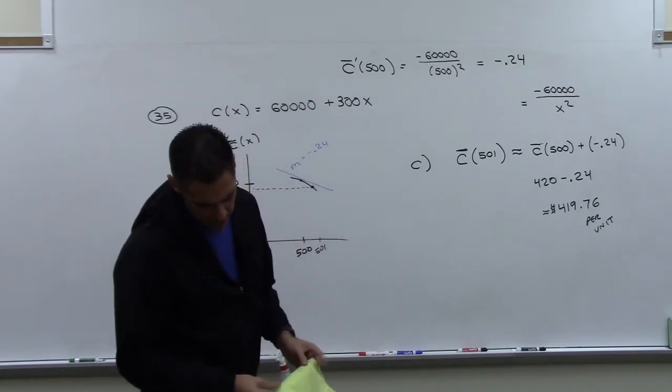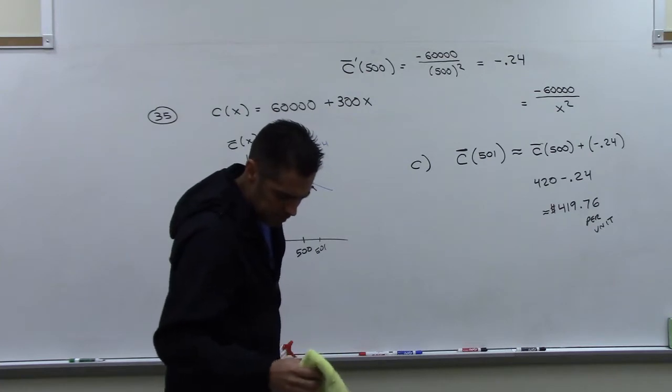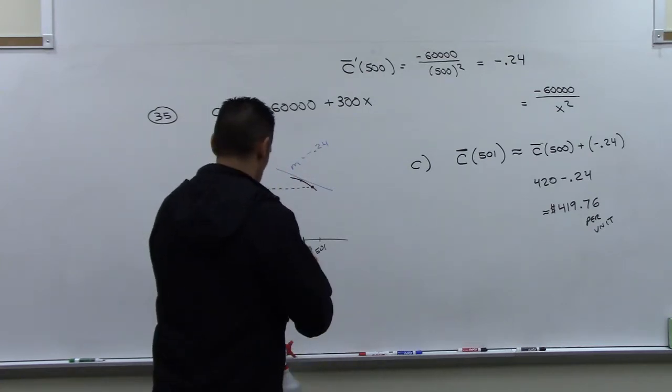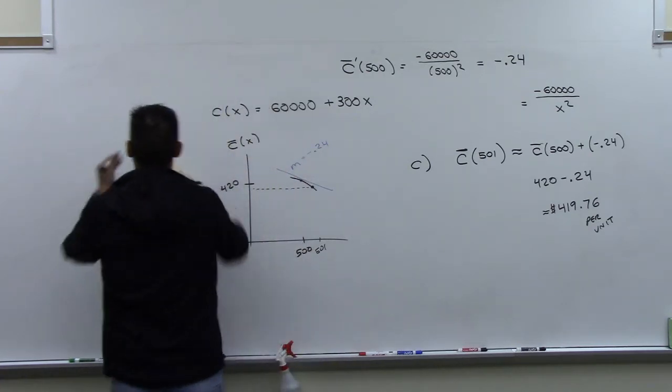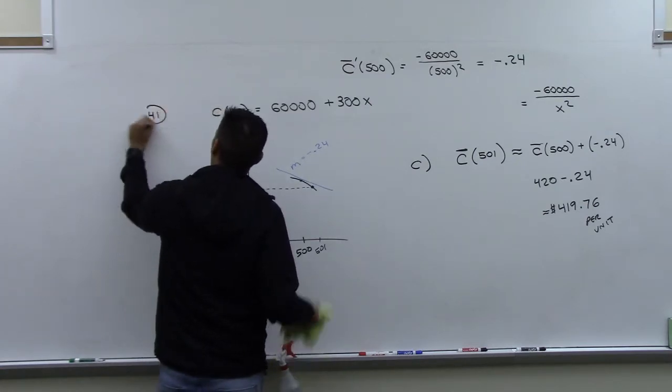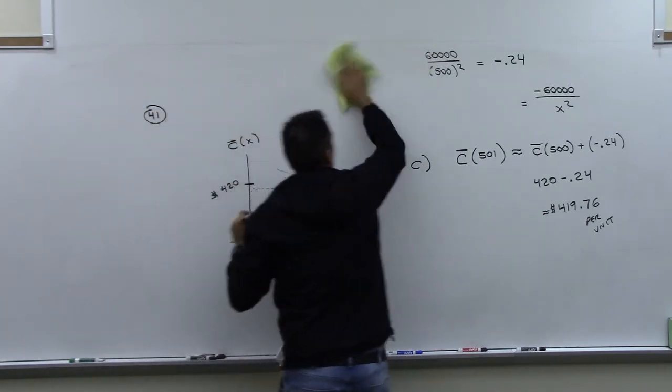So now let's move on to the last one I'm going to do here, which is profit analysis, and it's from the sale of lawnmowers. This is number 41. Okay, so they give us a profit function.